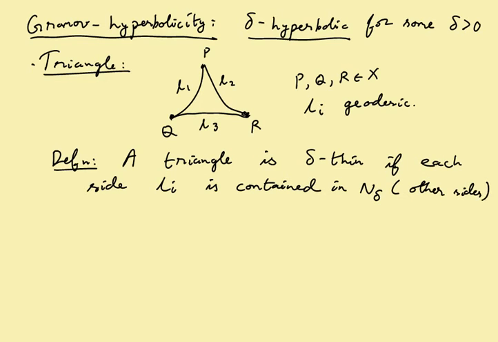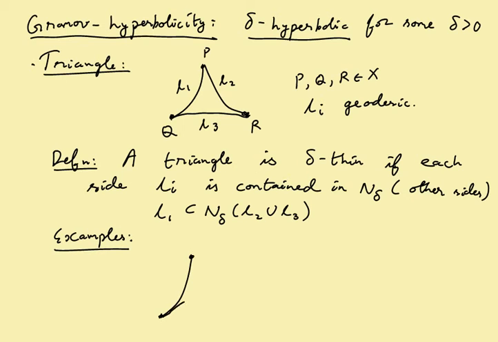I'll write one of these conditions to make things clear: L1 is contained in the delta neighborhood of L2 union L3, and two other similar conditions. Okay, so we've seen that this is true in hyperbolic space. So here are the examples. One of the basic facts we saw in hyperbolic space is that triangles are in fact thin.